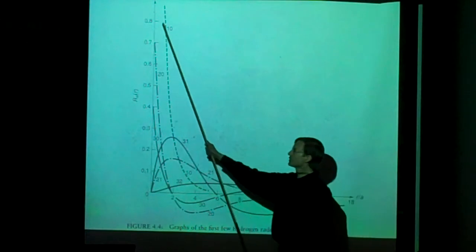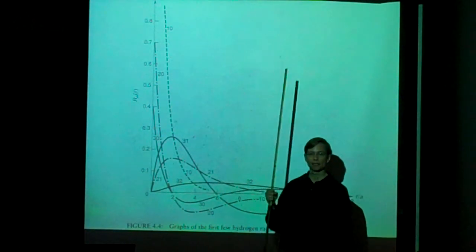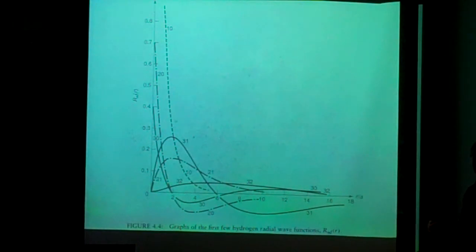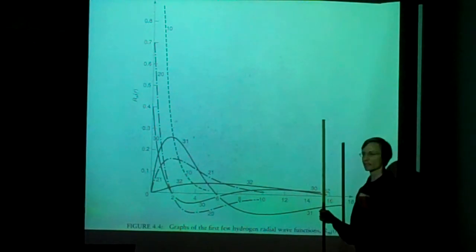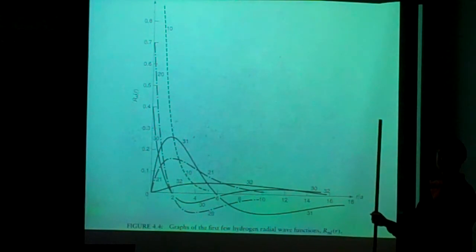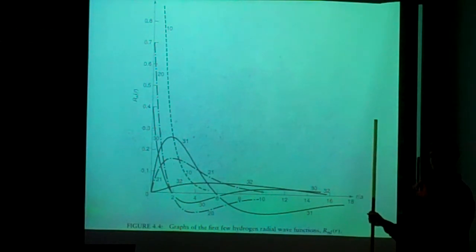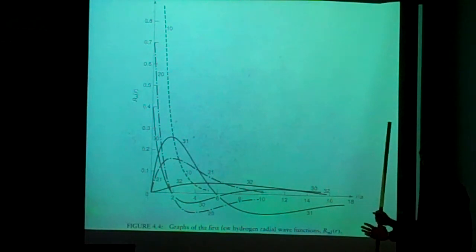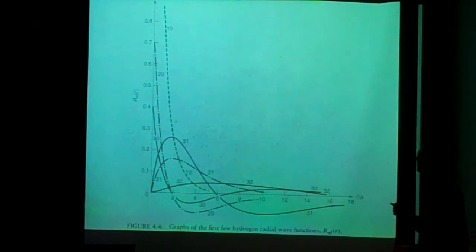Note that it blows up as you approach the origin, but by doing one of the homework problems, you will deduce that that doesn't mean that the particle is most likely to be found at the origin, because the probability of finding it in some spherical shell of thickness dr is the wave function psi times the volume of the shell, 4 pi r squared dr. And that factor of 4 pi r squared goes to 0 as you go to the origin. So in fact, the maximum probability density is somewhere in between. And you'll figure out where that is.